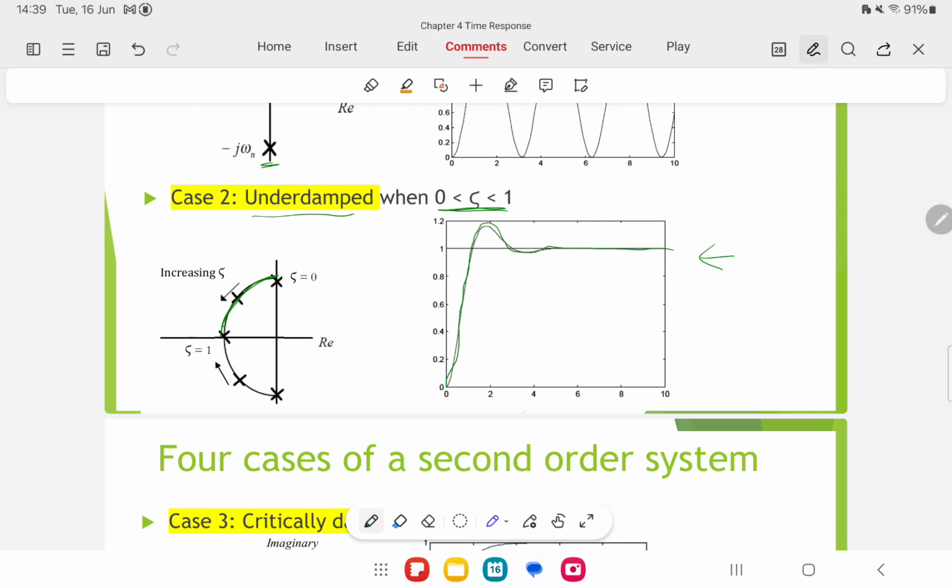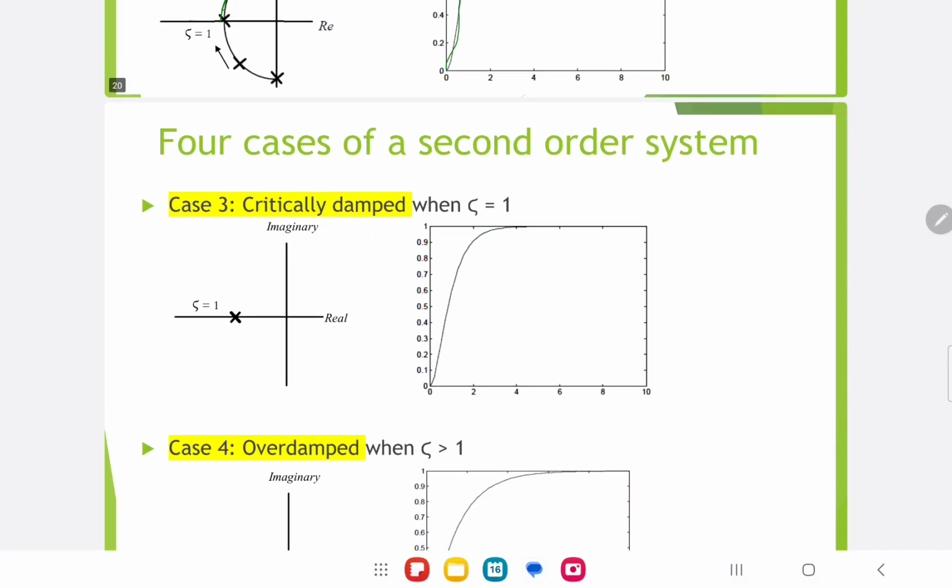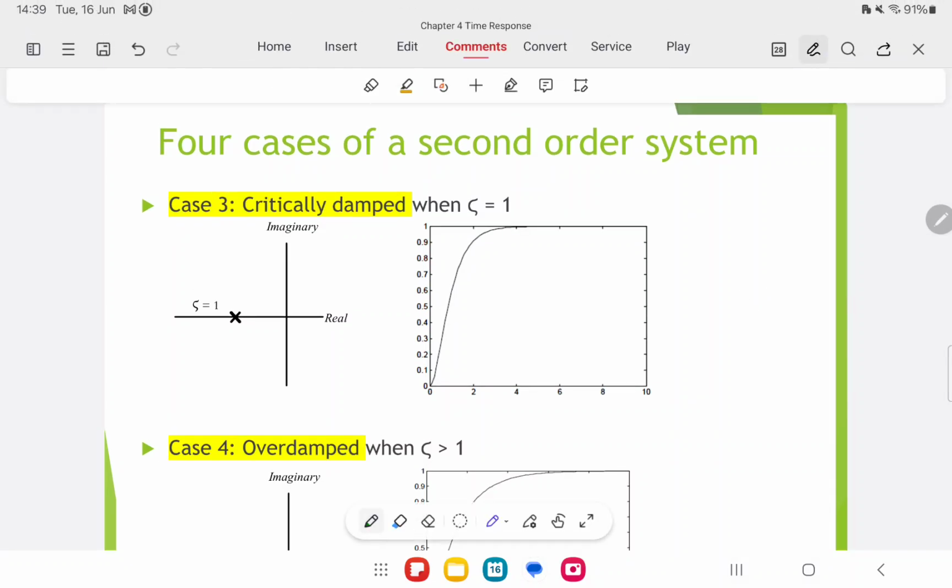So this is the graph for underdamped, case 2. There are 4 cases, not court cases. Case 3, critically damped, when the zeta or damping ratio equals 1. The graph will be like this: it rises straight to stable. So this one is critically damped.